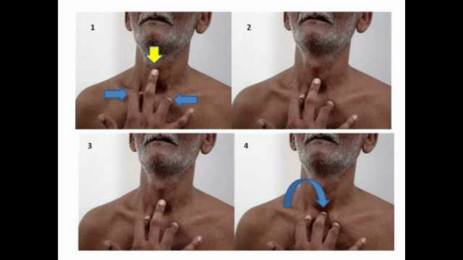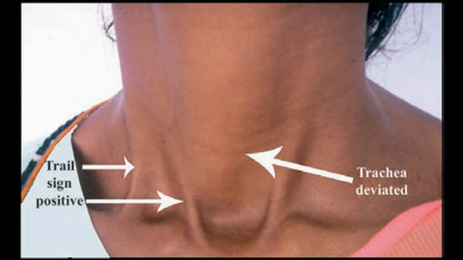If there is no deviation, the distance between the two sides, that means the right and left side of the trachea, will seem to be normal or equal, or if there is any huge bulging or deviation, that will give some changes in the space between the right and left side of the trachea of your patient.